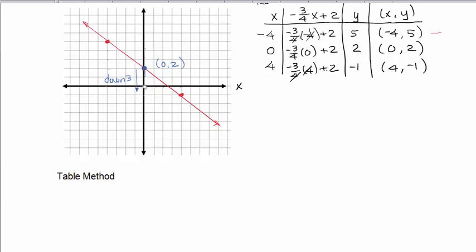And I'm going to move right 1, 2, 3, 4. Right 4. That gives me this point. And if you notice, it's the exact same line that we just found using the table method. So either one of these methods works, and depending on what ALEKS is asking, you can plot it either way.